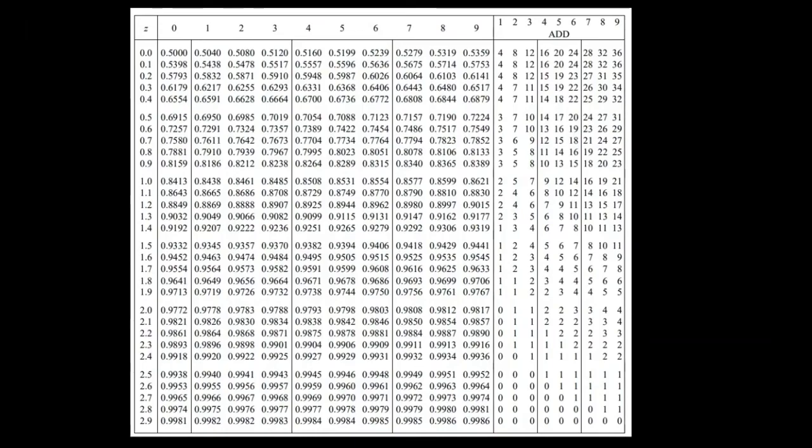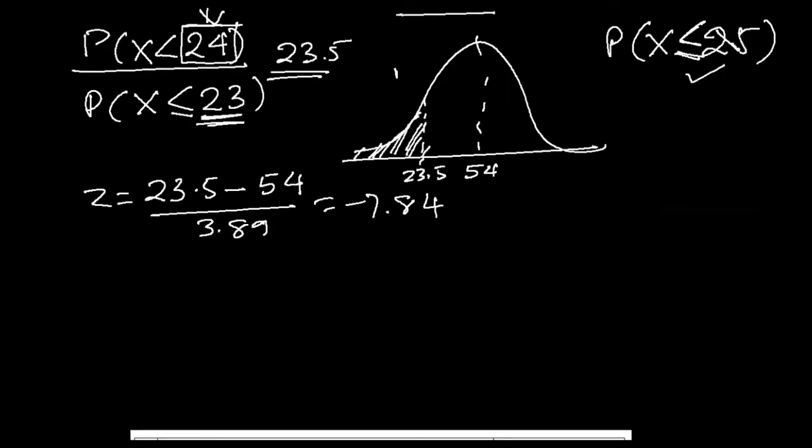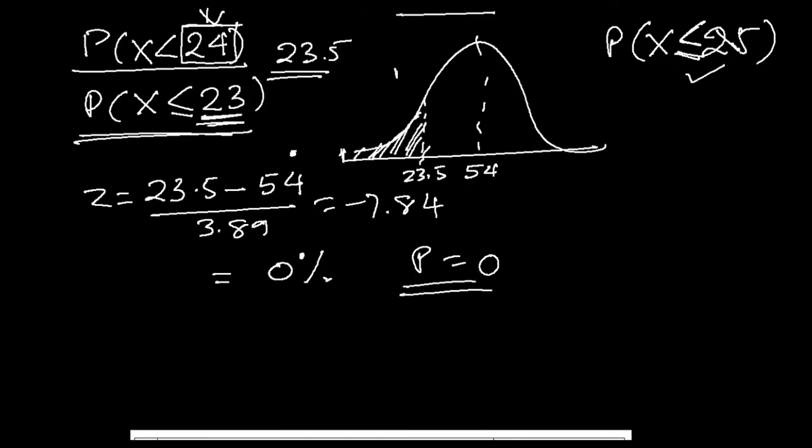That means what we estimated here was well beyond this 3. That means minus 7.8 will be somewhere here. So there is 0% chance, or the probability is 0, that we will get less than or equal to 23 successful attempts. The probability is 0 because it is well outside our normal distribution graph.